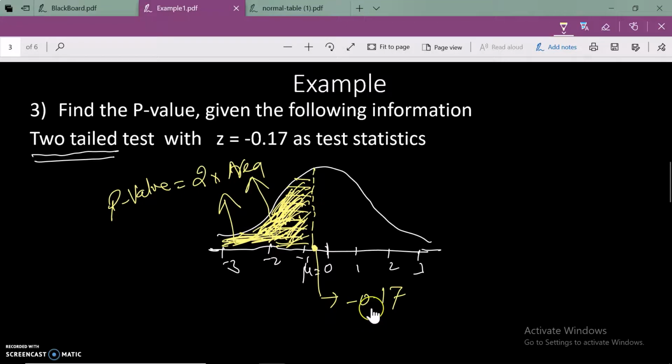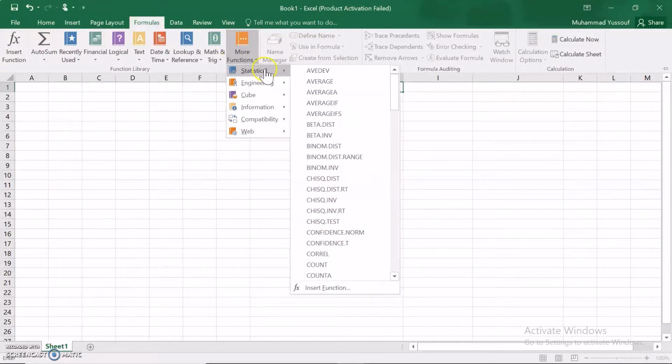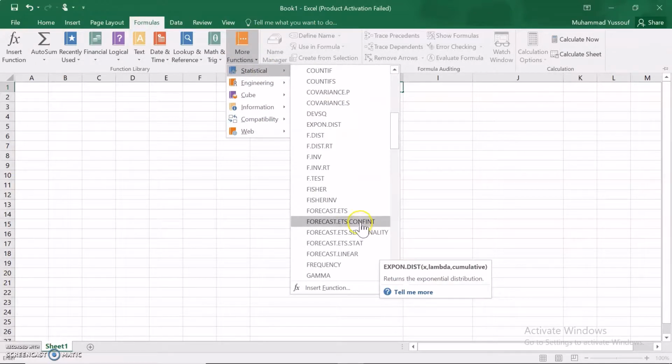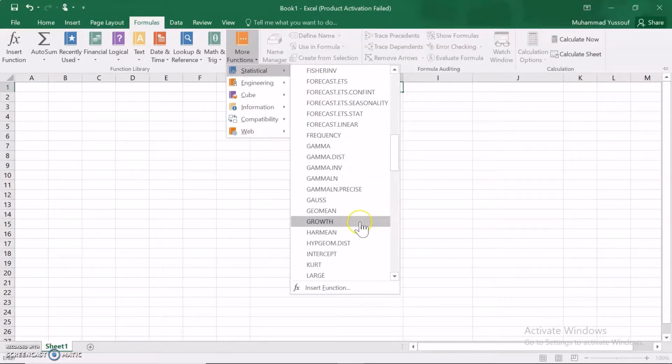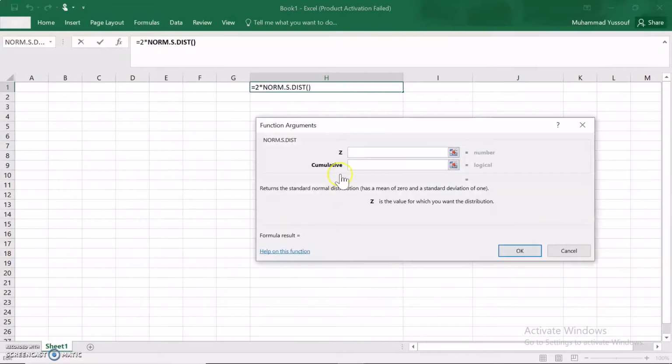So I'm going to find this area by using Microsoft Excel, and I'm going to double that. I'm already in Excel. First I double the area, and then I compute it: Formulas, More Functions, Statistical, NORM.S.DIST. It's asking what the z value is.